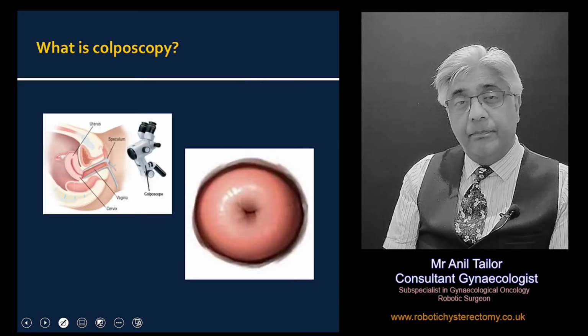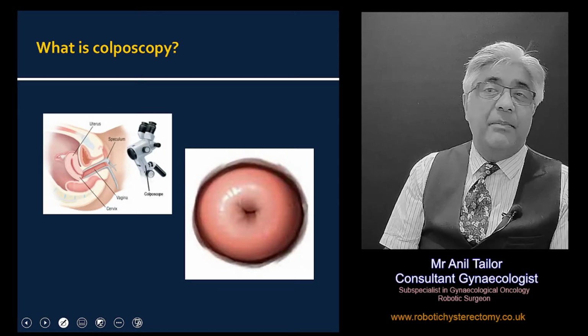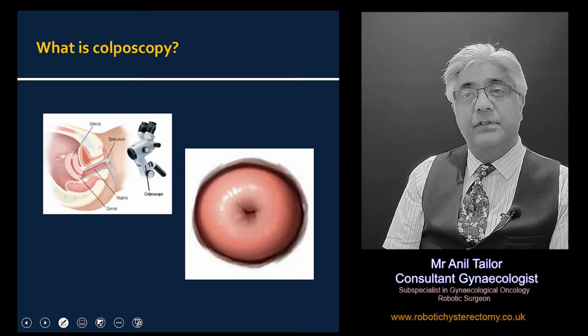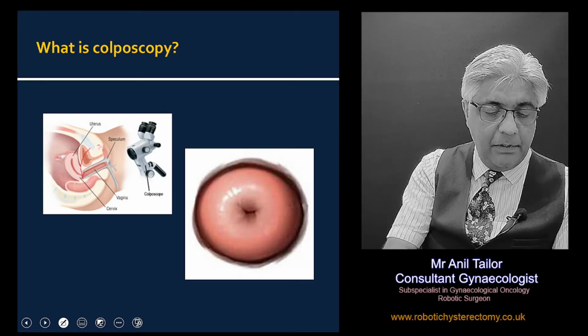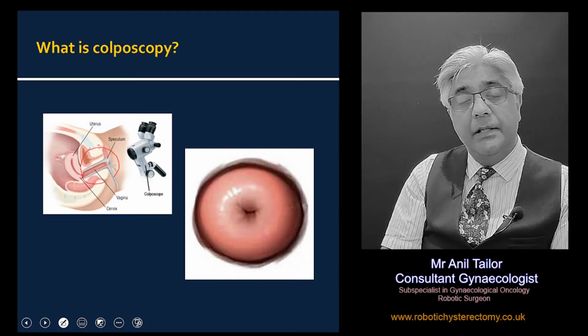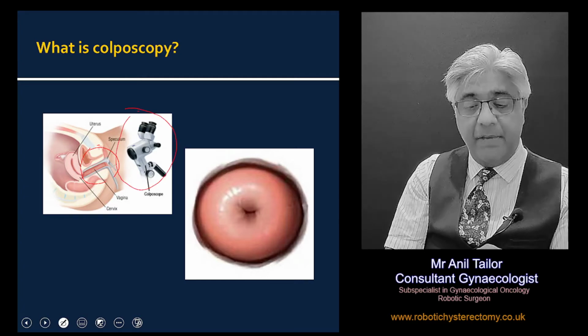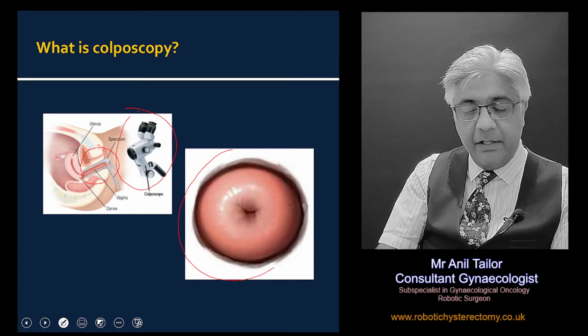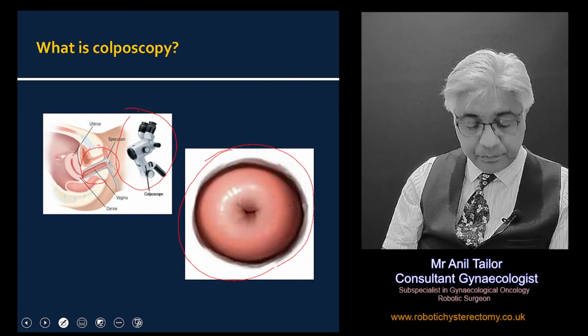So what is colposcopy? Colposcopy is merely an examination to look at the cervix under magnification. So we insert a speculum into the vagina, expose the cervix, and then look at the cervix under magnification. And this is what a cervix will generally look like to us under magnification.